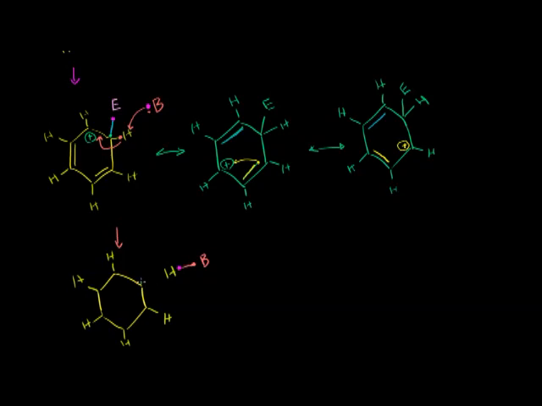And I'll do the same colors just to make it clear. What was the electrophile right over there? This bond is this bond. And then finally, I'll color code it here just to make clear, we had this double bond here, which is this double bond right over here.